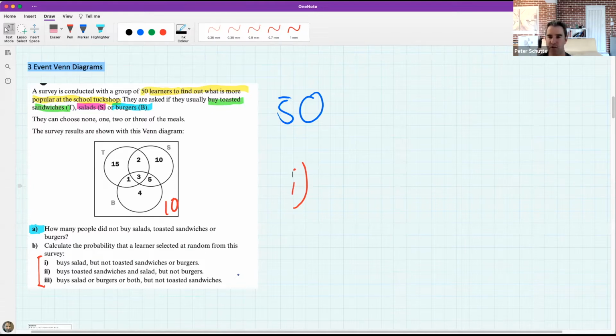So this is a probability question, so it's going to use the probability equation and your thinking.